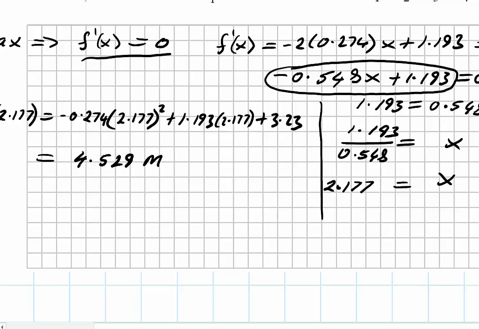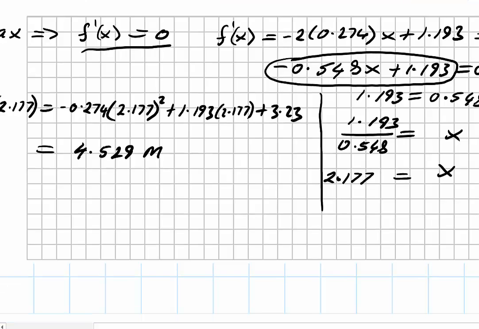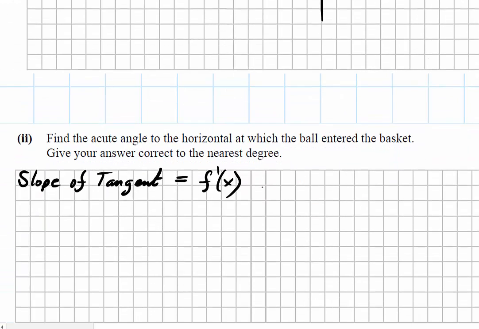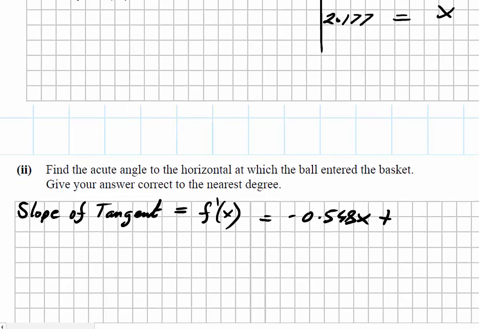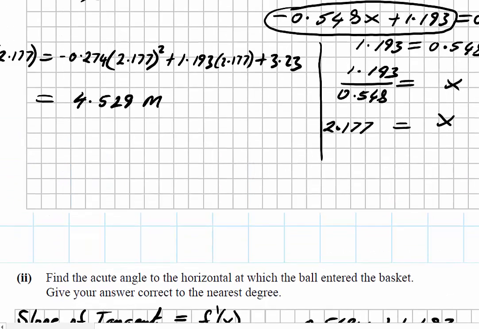So it's, before we put it equal to naught, minus 0.548x plus the rest of it was 1.193. Now that's the slope of any tangent to the curve.